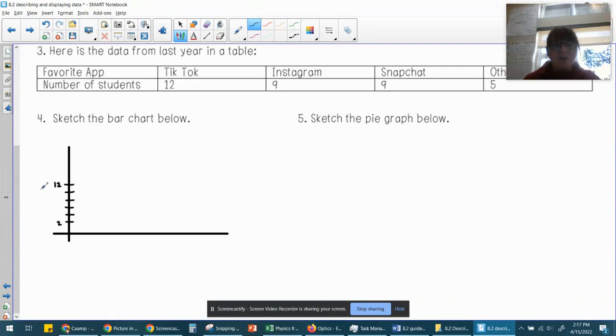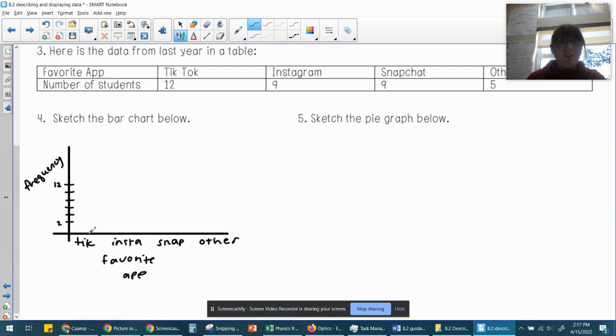And this is called a frequency. So how frequent do people fall in these categories? So this is our frequency measure. And this is going to be our favorite app down here. We've got TikTok, Instagram, Snapchat, and some other.